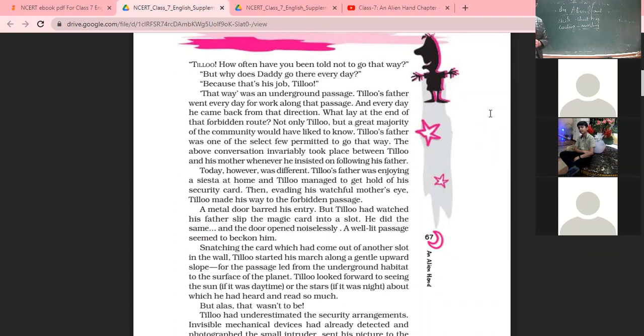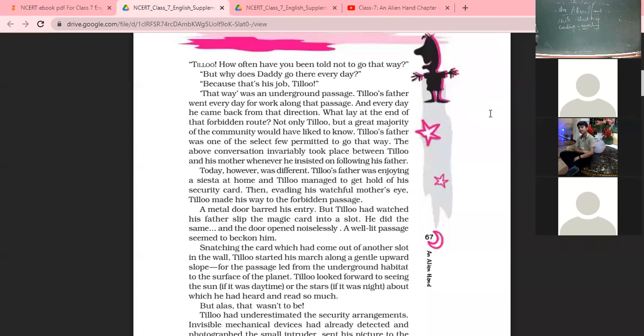If it was daytime, he would see the sun, but if it was night time, he would see the stars. He had read a lot about the sun and stars, but he had never watched them. It is common for us to see the sun and stars rising and setting, but he was not able to see these stars and suns.